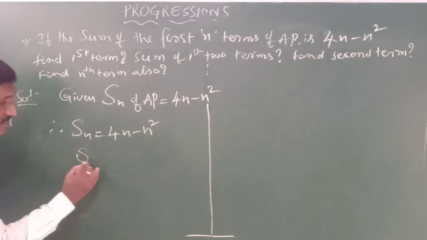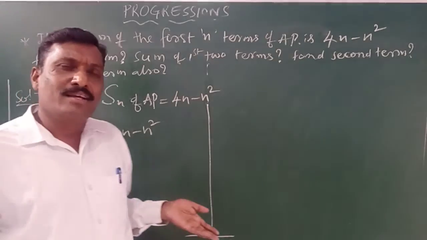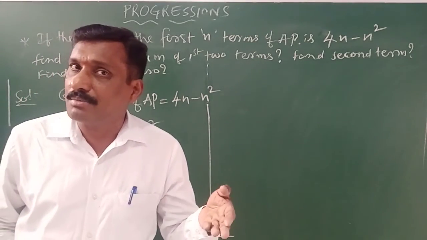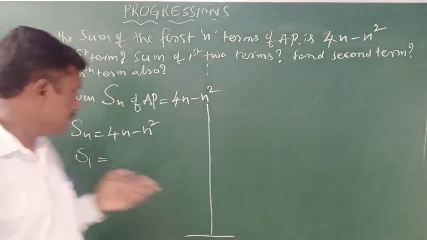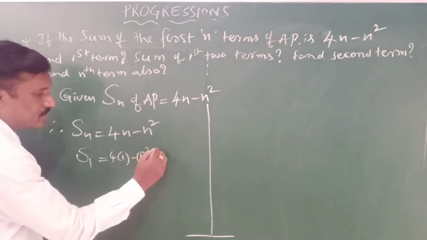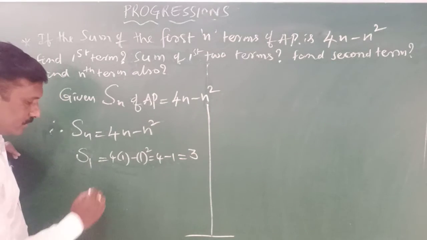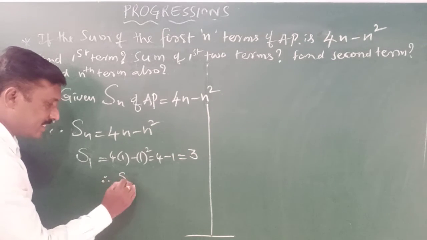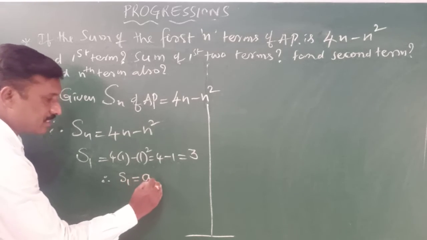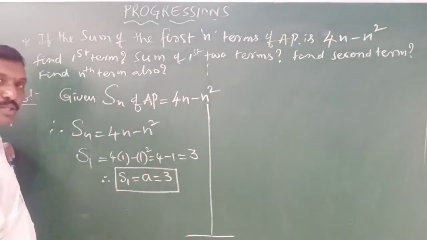I am asking what is the sum of one term. It is nothing but the first term only. That is 4 into 1 minus 1 square, which is 4 minus 1, it is 3. So you can declare that S1 is nothing but a, equal to 3. So you got the first term.